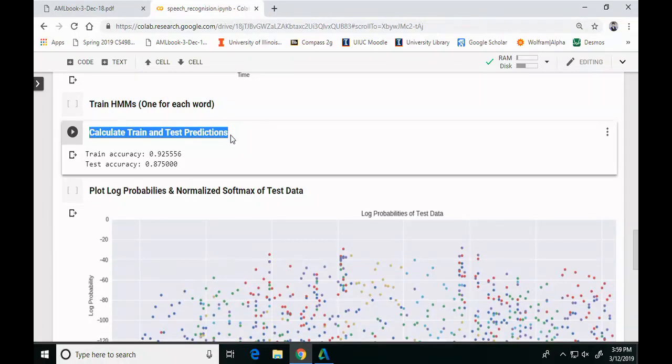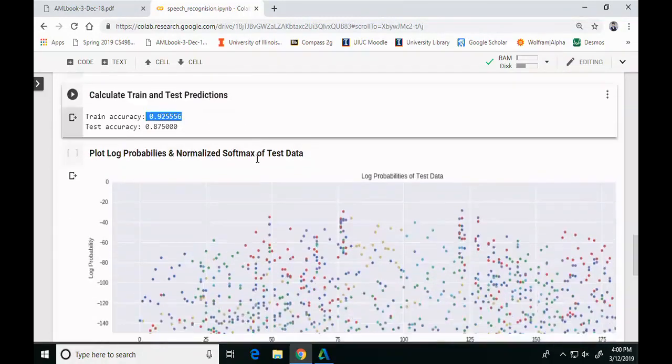I think there were 2,000 utterances, so 200 of each digit, and I think 4 speakers, who said each word 50 times. You can see these do a pretty good job on the digits. We get about 93% accuracy on recognizing digits on the test set, and about 87 on the other.